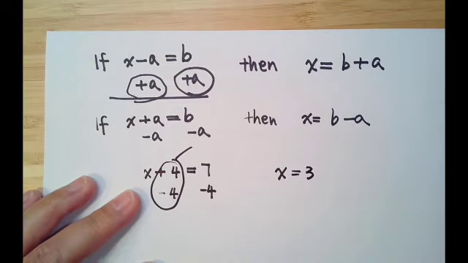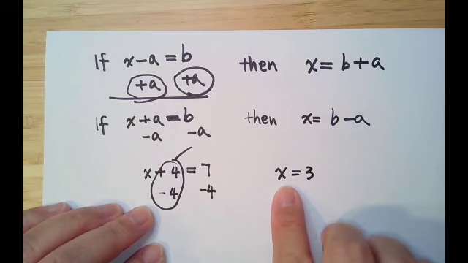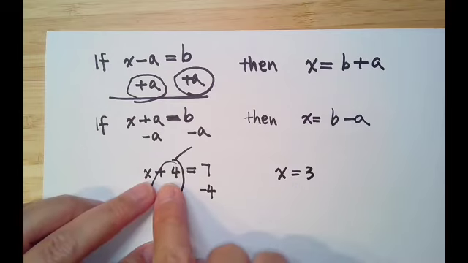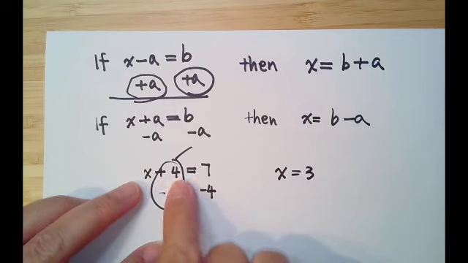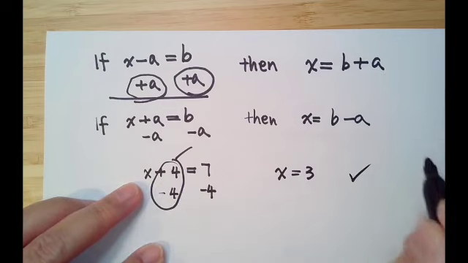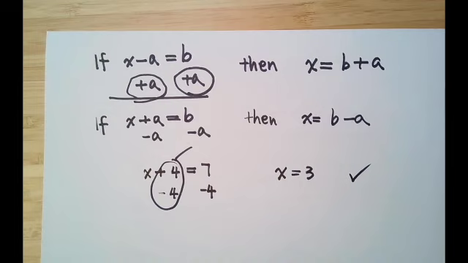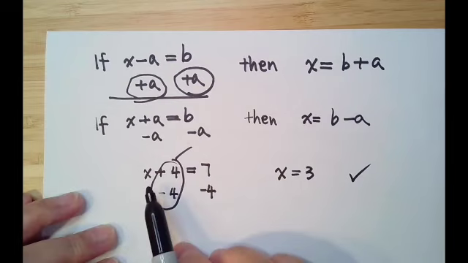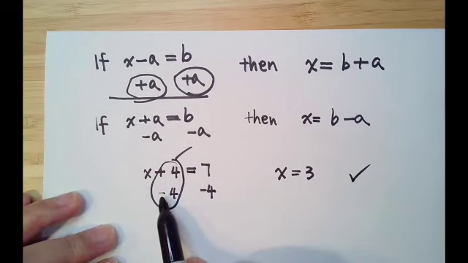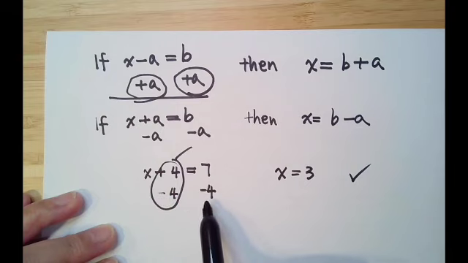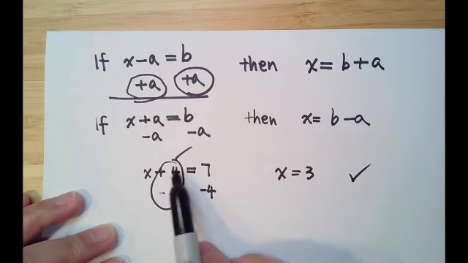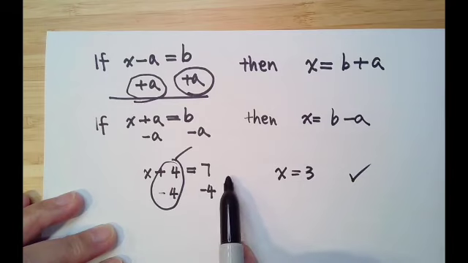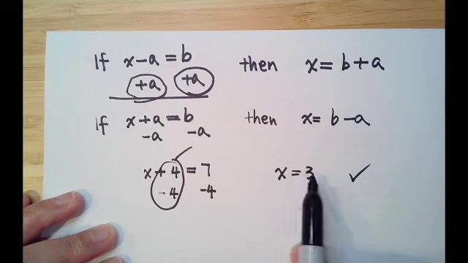And the good thing is you can substitute this x equals 3 back to your original equation. You can check your answer. So that will be 3 plus 4 equals 7. Check, right? So you can check your answer. And so now you see what I'm saying here. You can either add a negative 4 on both sides or minus 4 on both sides, or you can move this 4 to the other side. It becomes 7 minus 4, which is a 3.